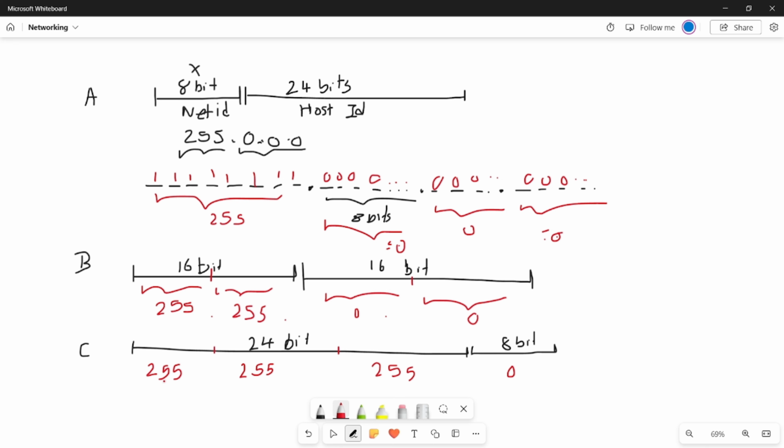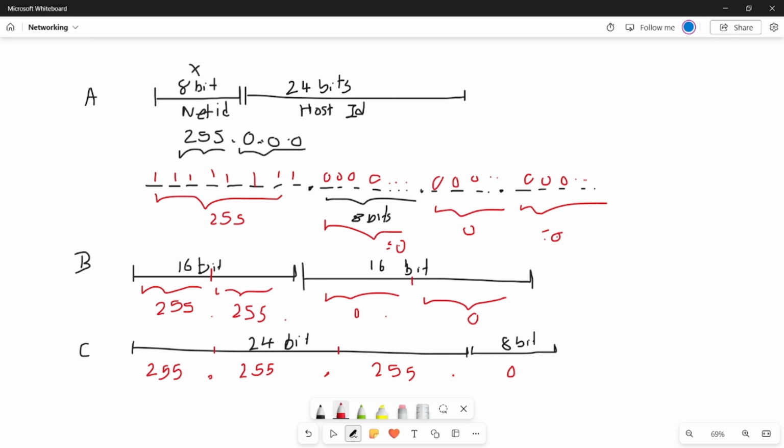So the subnet mask of the class C IP address is 255.255.255.0. So this is the basic subnet mask that we can assign for class A, class B and class C IP address if we are not subnetting.